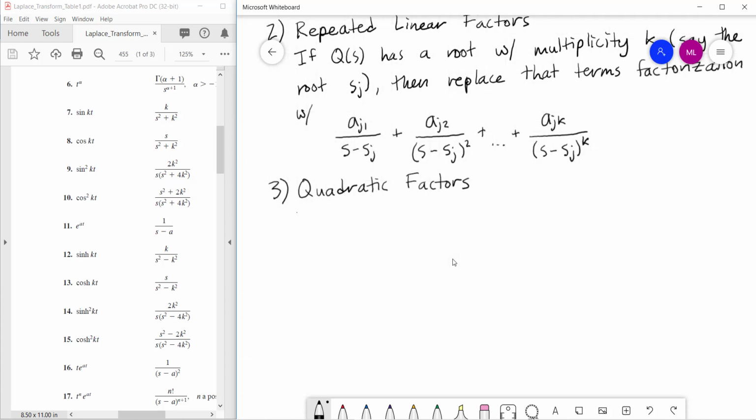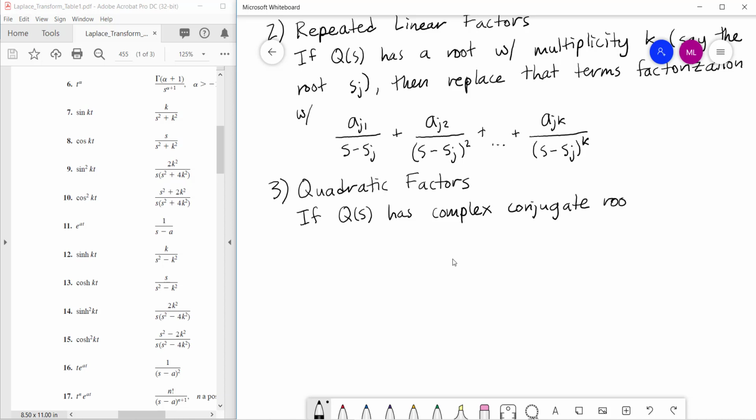So basically, if the q of s has complex conjugate roots, which is, right, our complex roots always come in pairs of complex conjugates.